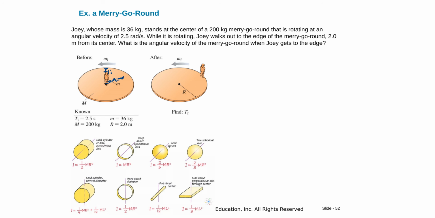But they would have different rotational inertia. I'm going to call the merry-go-round I2 initial, and omega initial is also equal to omega 2 initial. So we have an L initial total, and we'll have an L final as well. The idea will be L initial is equal to L final.